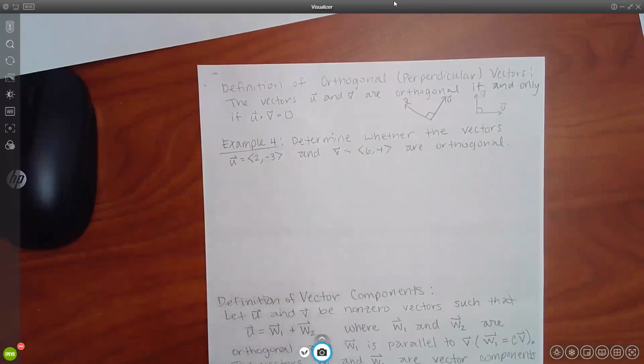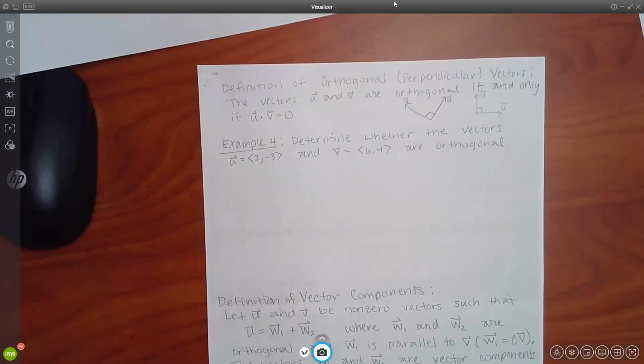In the vector world, though, they don't call them perpendicular, they call them orthogonal. Like we need more words for the same things, but that's what they call it, okay? So if you see that word orthogonal, just know that it just means perpendicular, and perpendicular means there's a 90-degree angle between them, okay?